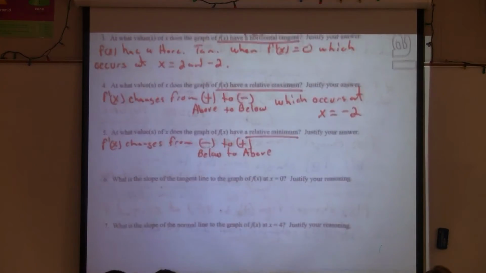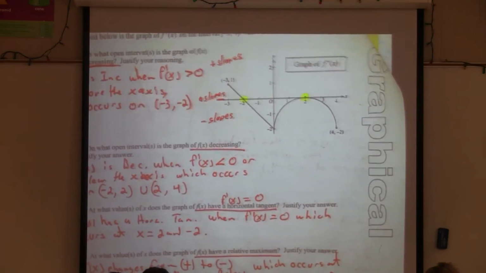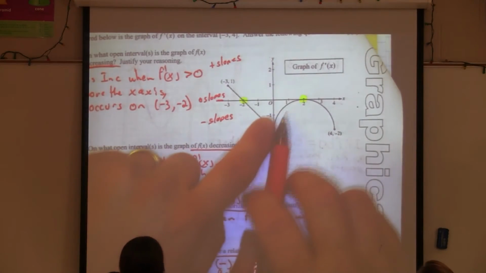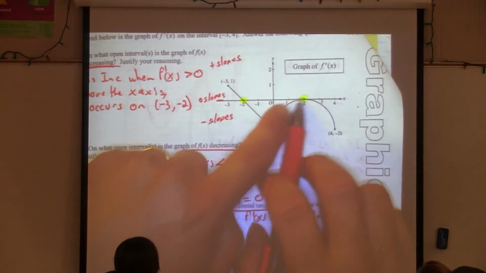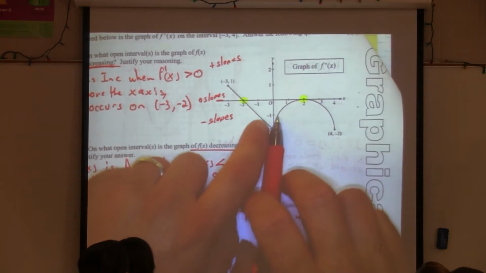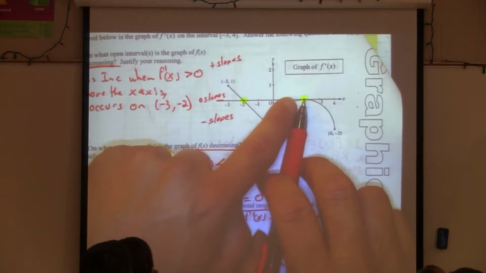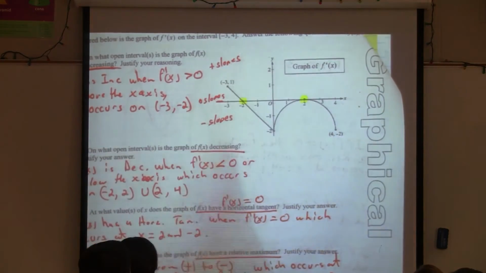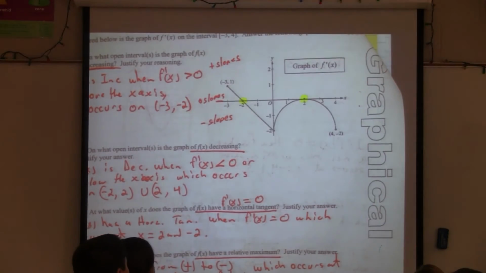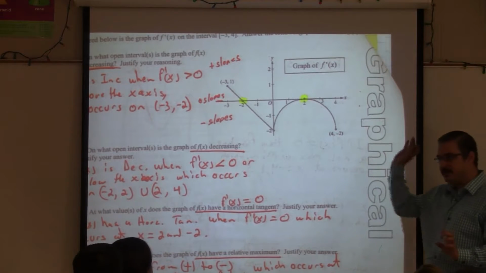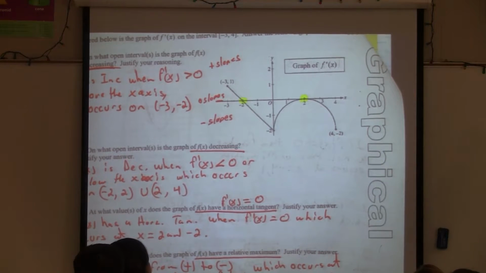It doesn't? So it never goes from being on the bottom to being on top? No, it just goes from the bottom to 0, and then is still on the bottom, right? So it never crosses over. So it never changes from decreasing to increasing in the original function.